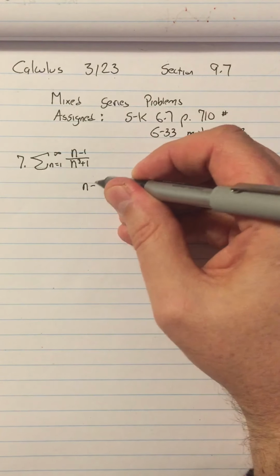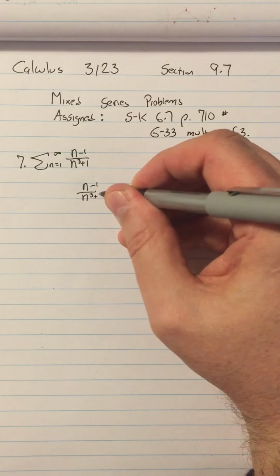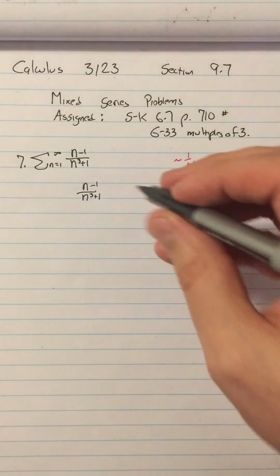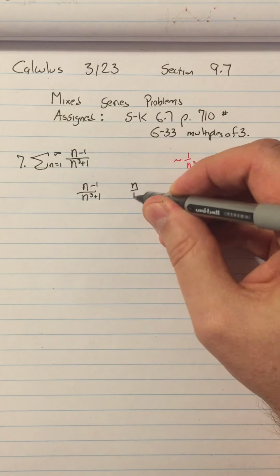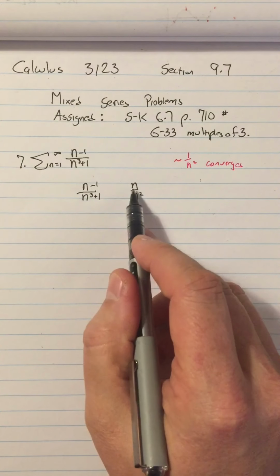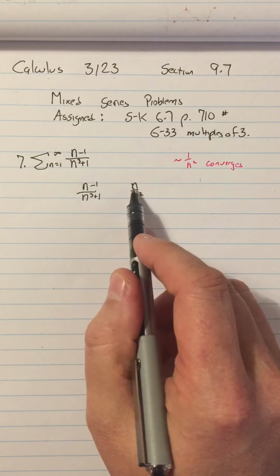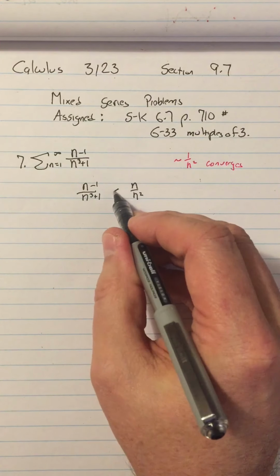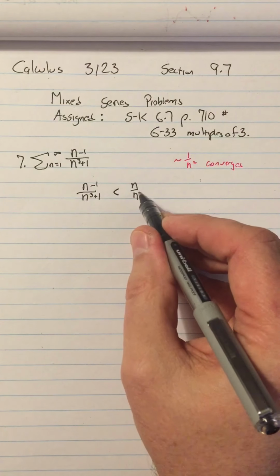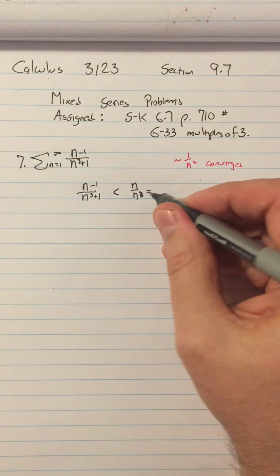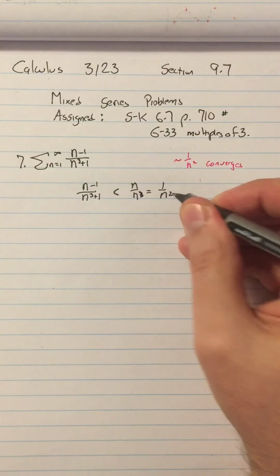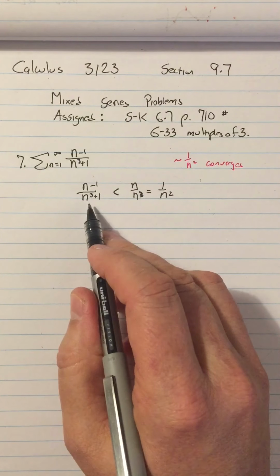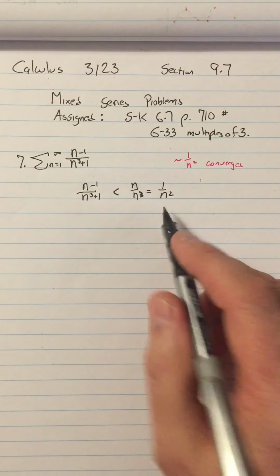If I have (n minus 1) over (n cubed plus 1), if I think of n over n cubed, I'm making the numerator larger and the denominator smaller, so what I have here is going to be smaller than that. That's actually an n cubed right there. And that n over n cubed is 1 over n squared. So I know that (n minus 1) over (n cubed plus 1) is less than 1 over n squared.